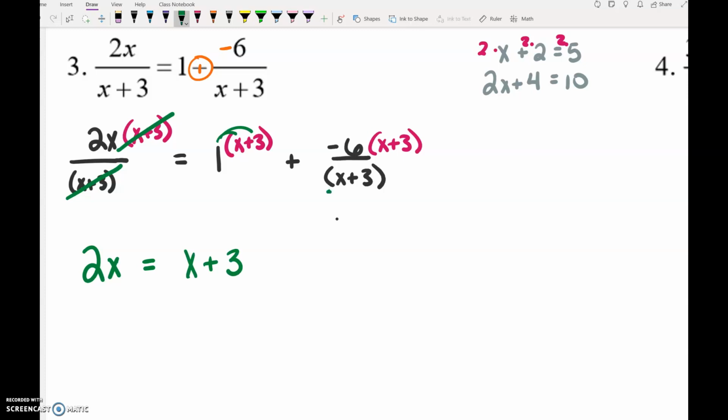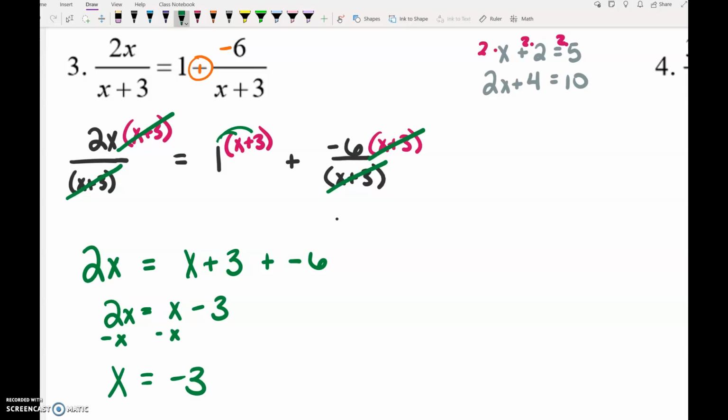And in the final term, the x plus 3 cancels, and we're left with plus a negative 6, which would just be minus 6. Does this look like an equation that you know how to solve? Yeah, we've got 2x equals x minus 3, subtract x on both sides, x equals negative 3.